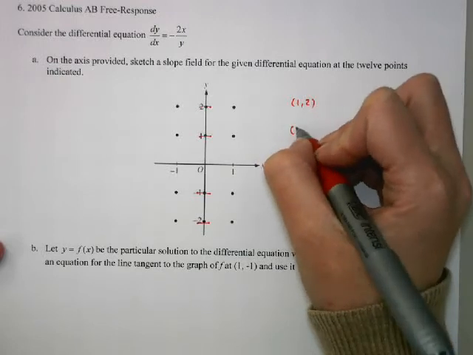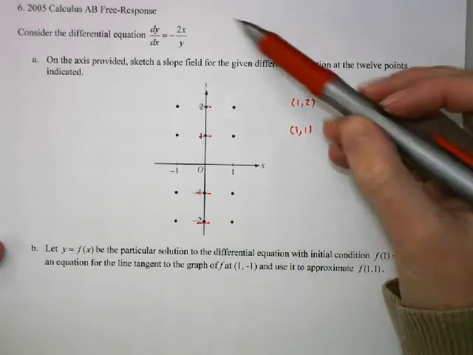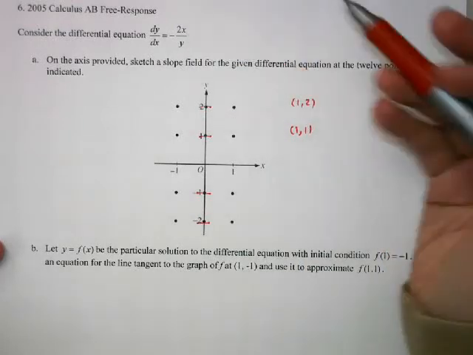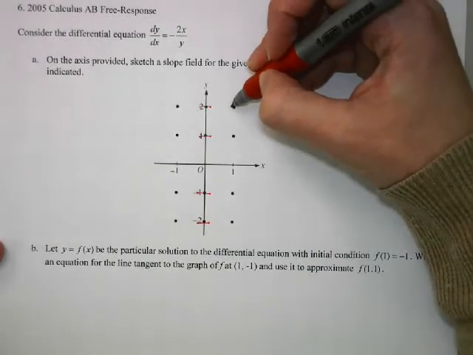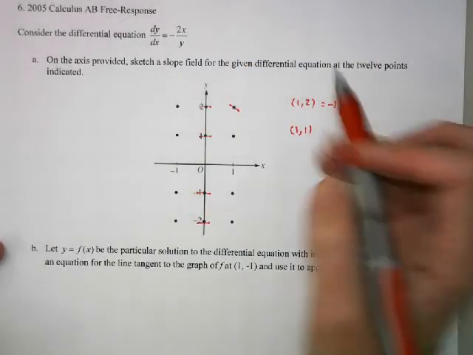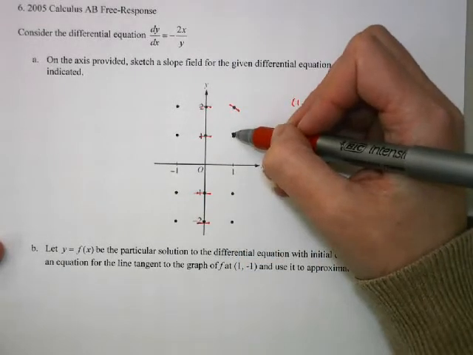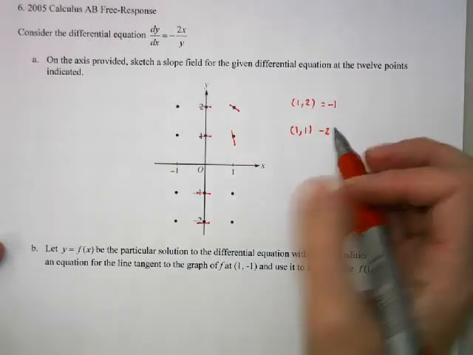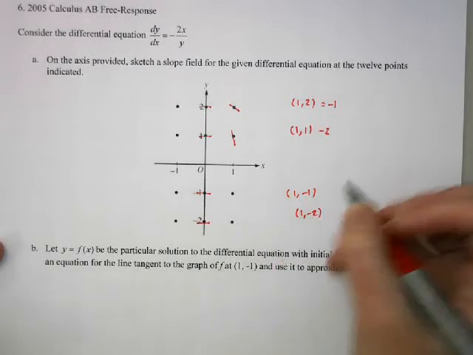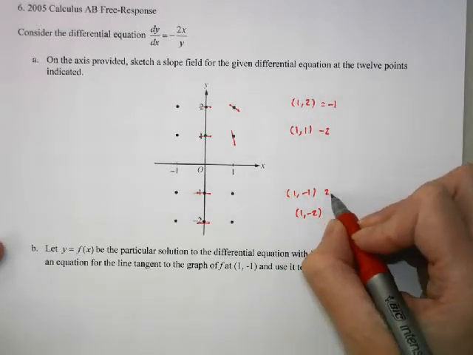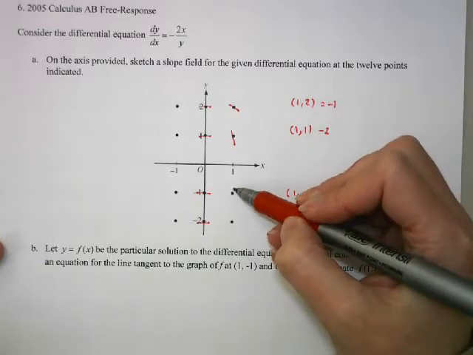So we've got 1, 2, and 1, 1. When I plug in 1, 2, I'm going to get 2 over 2, so that's going to give me negative 1. And then if I plug in 1, 1, then we're going to get negative 2. Okay, these slopes, and we're just plugging it into the differential equation, is going to be 2 and 1.